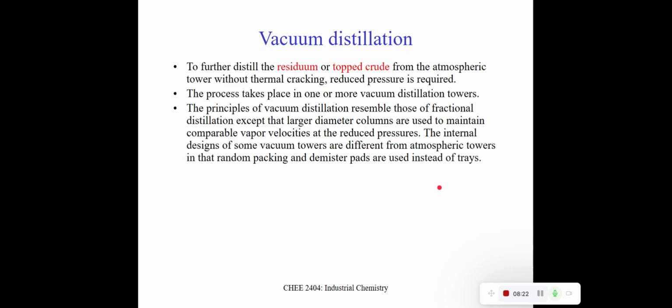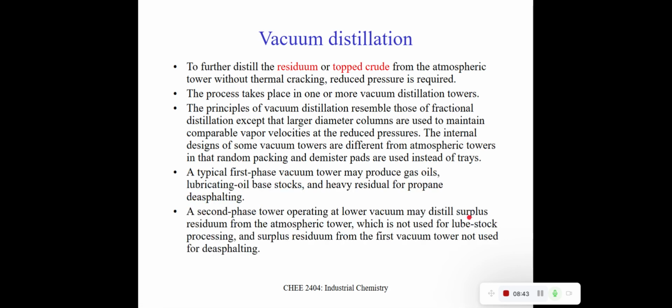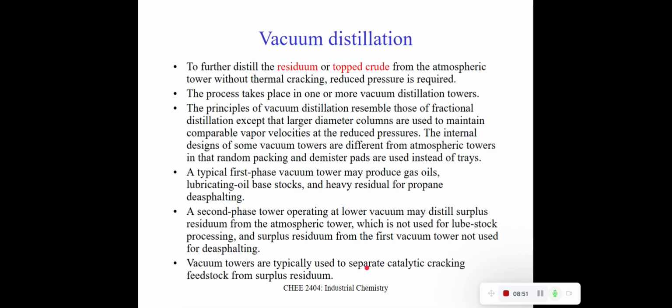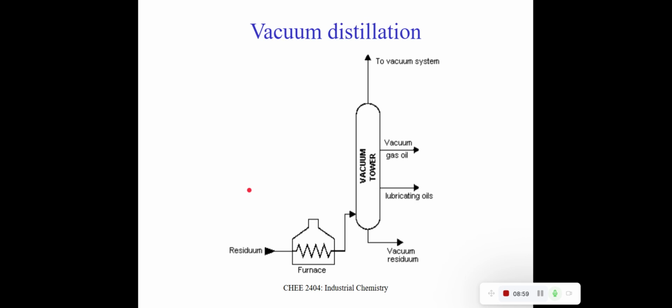It takes the atmospheric distillation residue as input and distills further, and these vacuum distillations are used for catalytic cracking, to separate catalytic cracking feedstock from the surplus residuum. So this is the vacuum distillation.